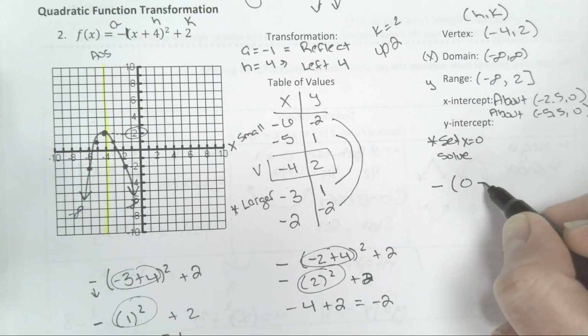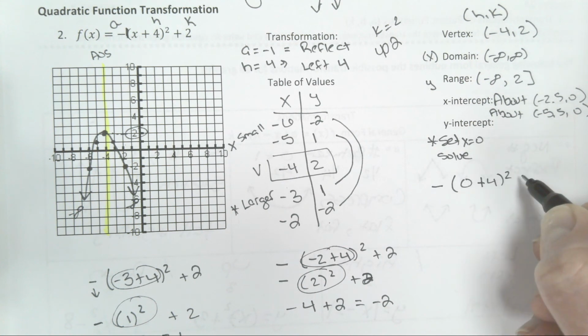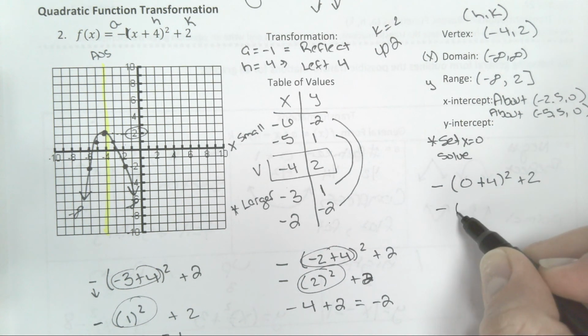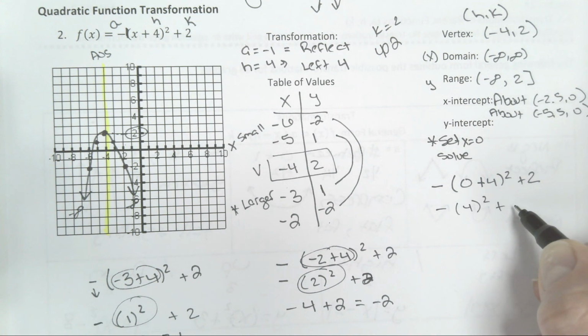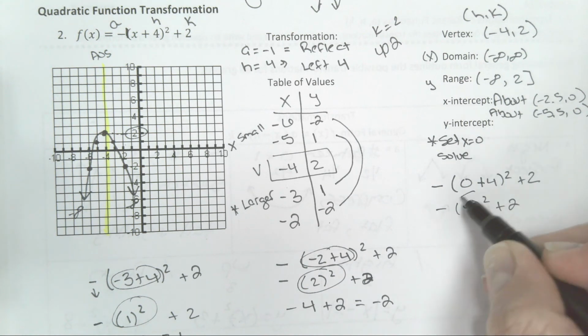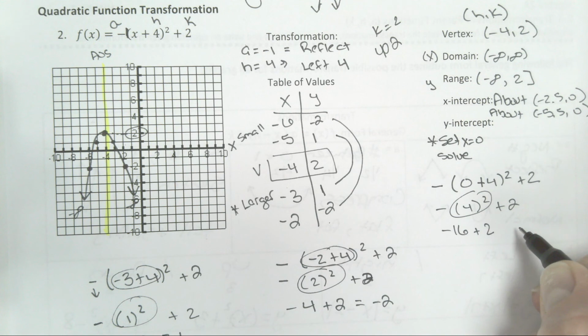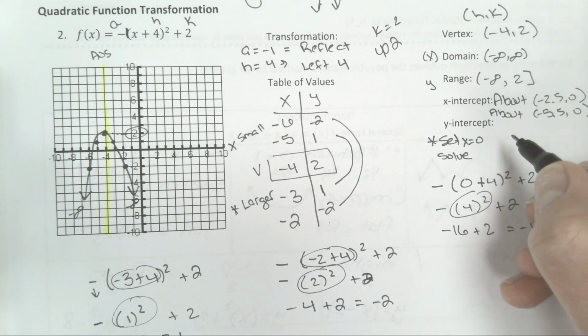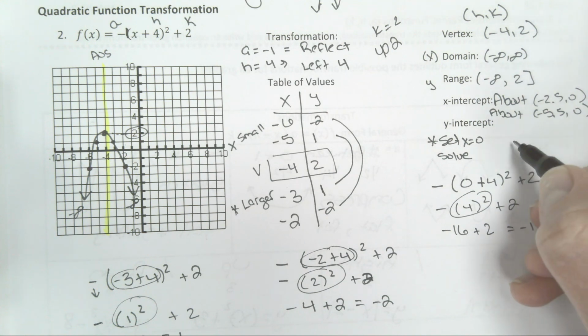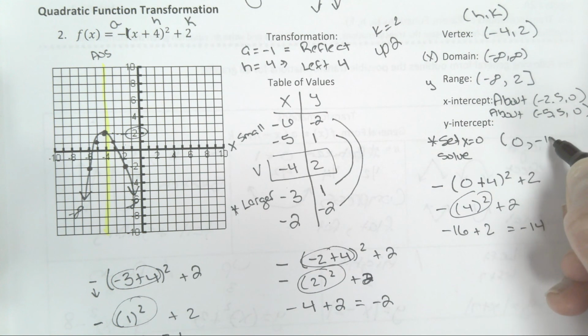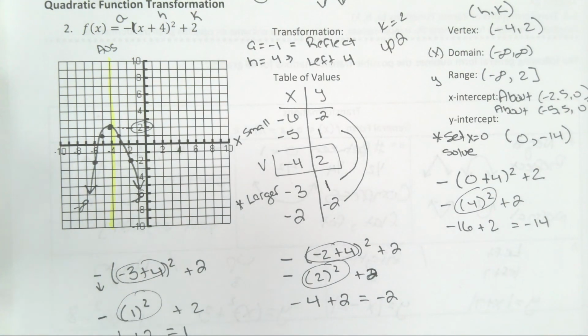Negative |0 + 4|² plus 2. 0 plus 4 is 4. 4 squared is 16, so I have negative 16 plus 2, which equals negative 14. So your y-intercept, you can always, always, always be exact about. That is 0, negative 14, because you can plug it in and always find it.